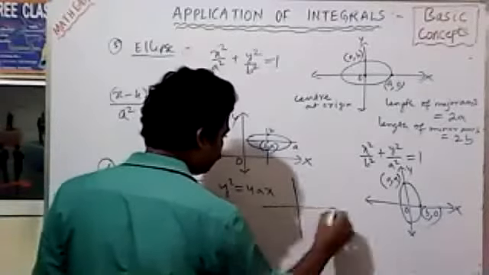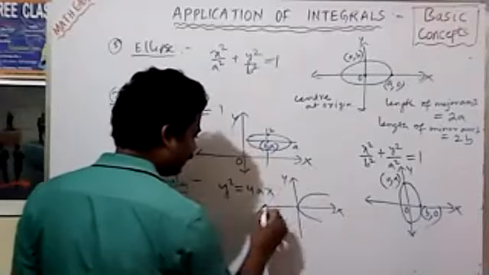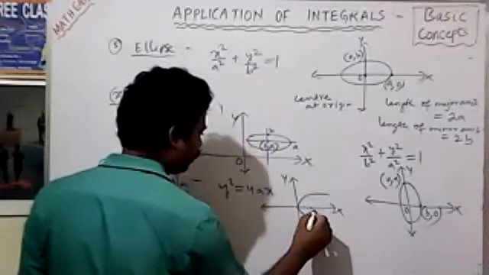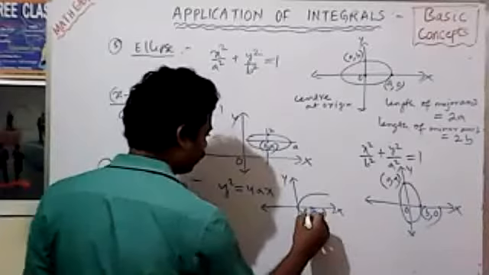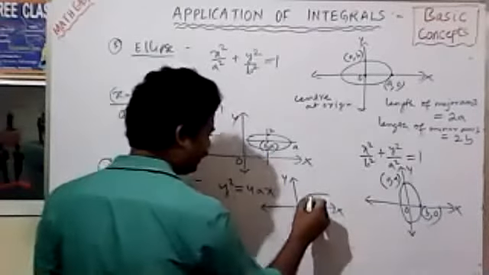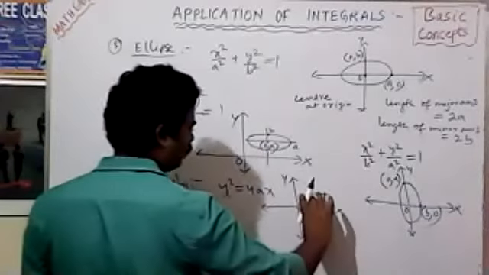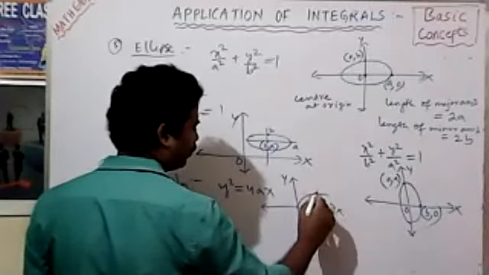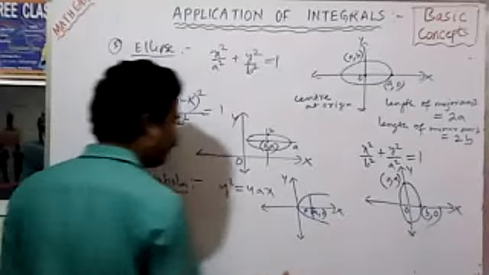The diagram looks like this, and this is the focus, (a, 0) is the focus. Simple diagram. This is the latus rectum, and 4a is the latus rectum. So by taking the latus rectum, you can find it also.